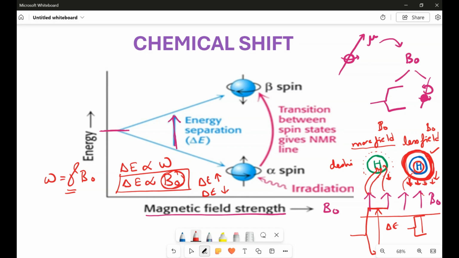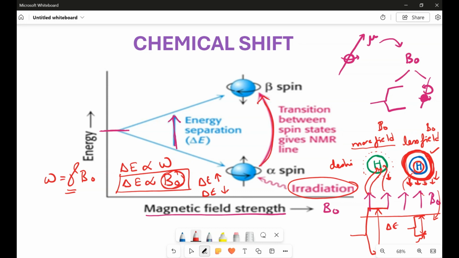So shielded protons require less frequency for excitation. After I separate them into energy levels, they now have different energy levels. So what will happen to the radiation frequency required for them to get excited from the lower state to the higher state?